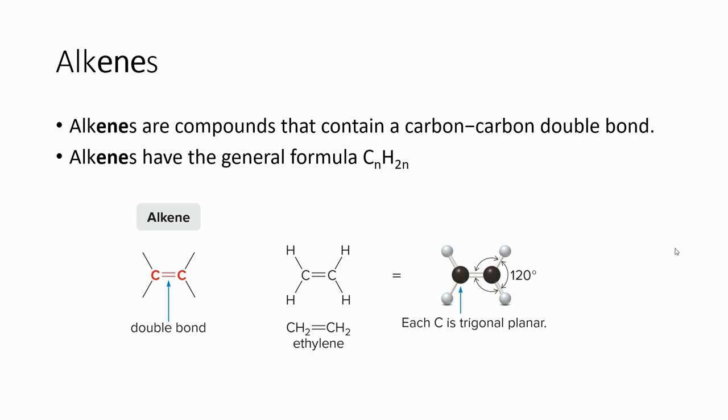So the angles between the bonds is 120 degrees. So if you have a double bond, that's called an alkene.